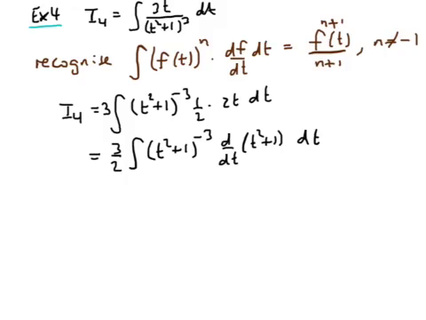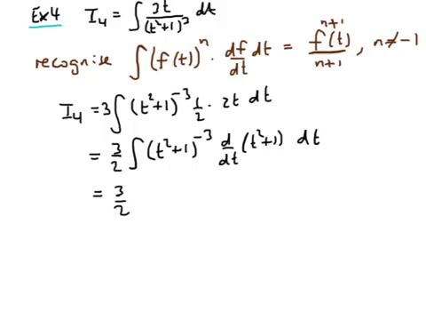So I've just done this rearrangement to make it absolutely clear that this is of this form with f of t being t squared plus 1. So from our result for this integral, which again you can easily check by differentiating this side, that it gives you this integrand, what we have is 3 halves that was there initially. Now here is our function to the power of minus 3. We add 1 to it. Minus 3 plus 1 is minus 2.